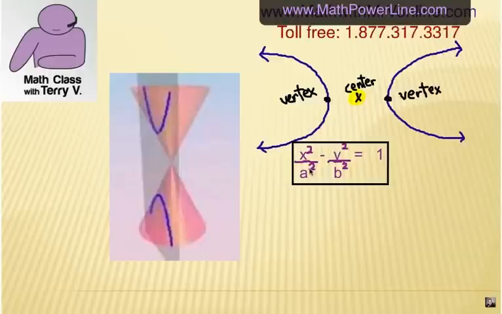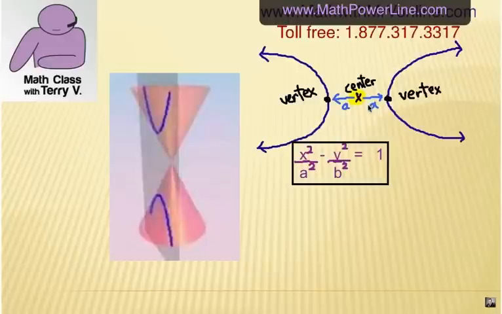The a part, remember it's a squared term in the bottom, but if you can figure out what a is, notice how it's under the x, that's going to be the distance from the center horizontally. So you go out that direction in a positive way and that direction in a negative way, and that's the a distance. That tells you how far apart those curves are.